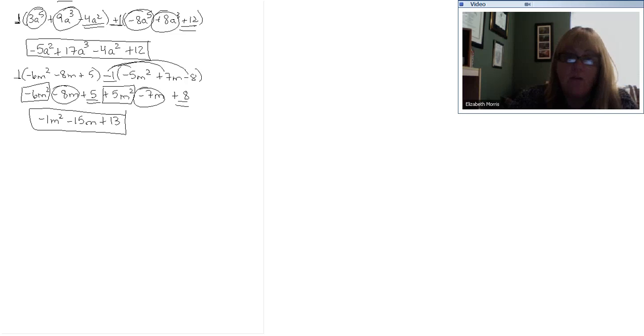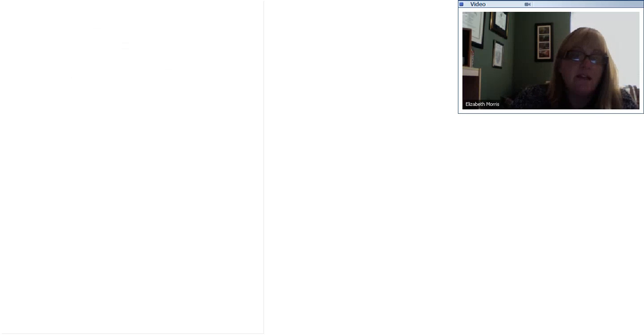Now, 5.3 is a continuation of what we just did, but it brings up the function idea. Do you remember if I had f of x, let's say, is 4x cubed minus x squared plus 5, and I asked you to find f of 3, that means wherever there's an x, I put the 3.